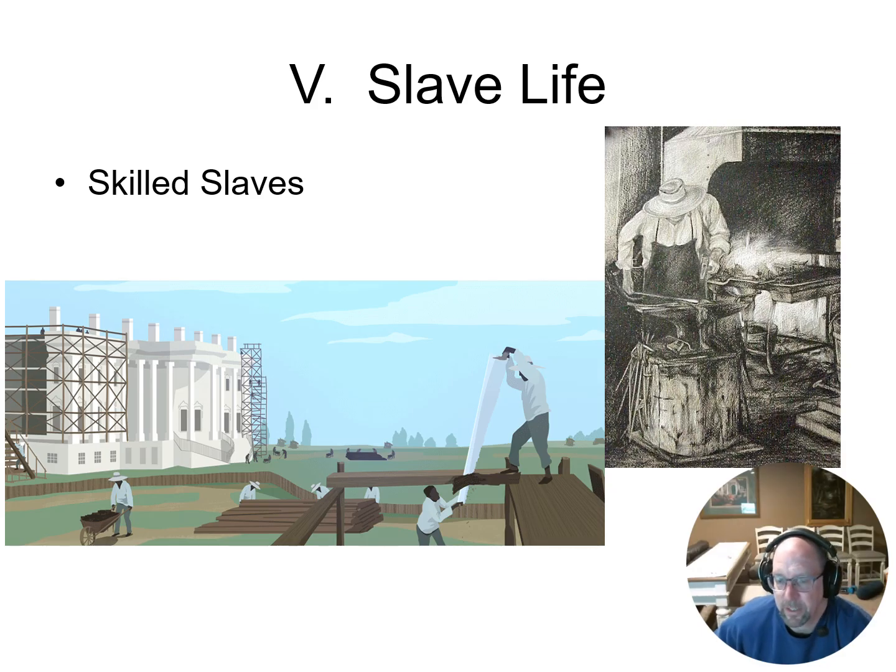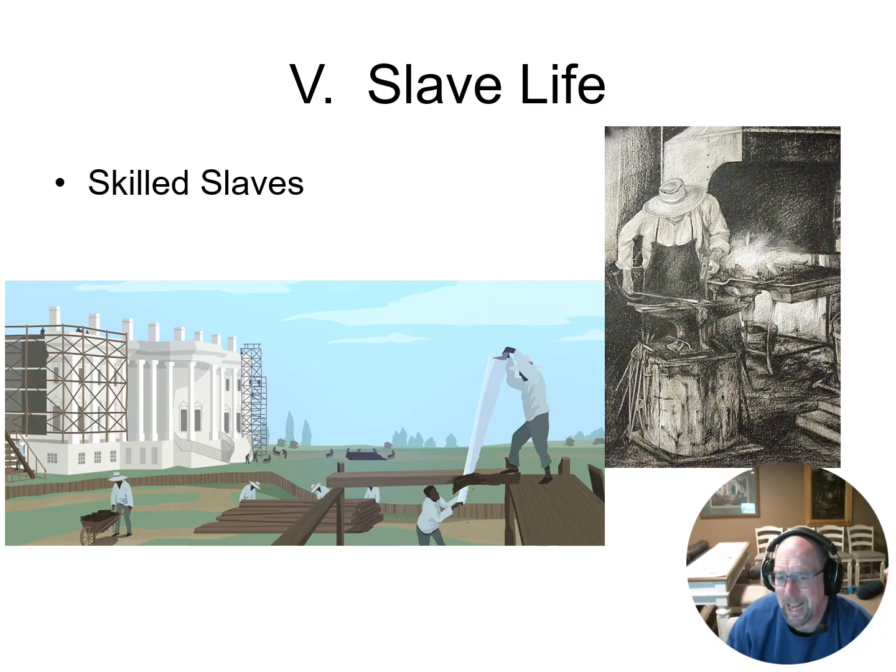And so if an enslaver owns a carpenter slave, they're not all the time possibly going to be building structures on the plantation. They're not all the time going to be building or repairing furniture.